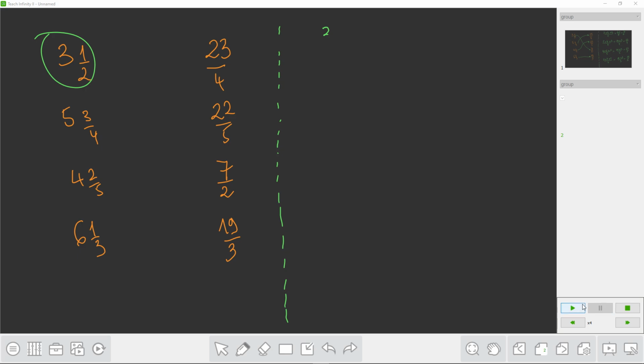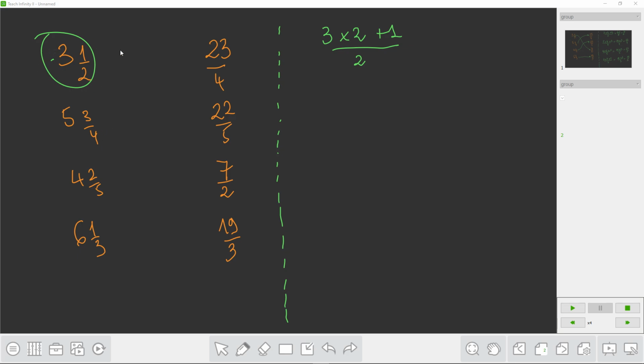Just 1 minute. All right. Now, if you want to find the first one, which is 3 and a half, it's 3 times 2 plus 1, over 2. Always remember, we put 2 here, it's over 2. Over 4, put over 4.